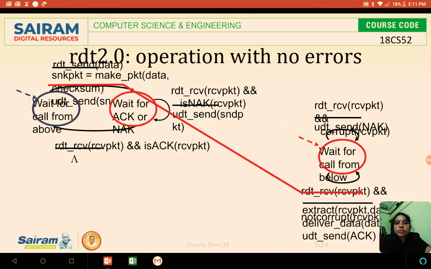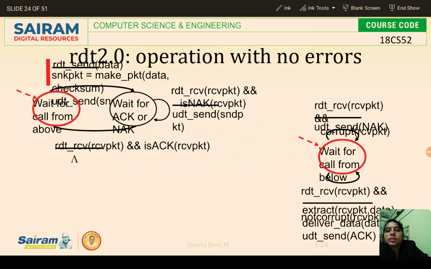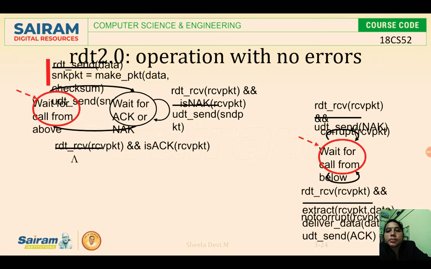Once the packet is sent, it goes to the next state. As I said, one event is initiated, and for that some action is taken. The action taken is sending the packet, that is creating the packet with the two parameters, and after taking this action, it goes from one state to the next state.